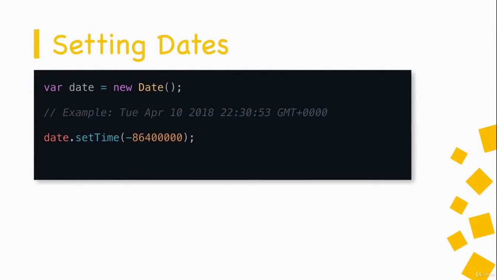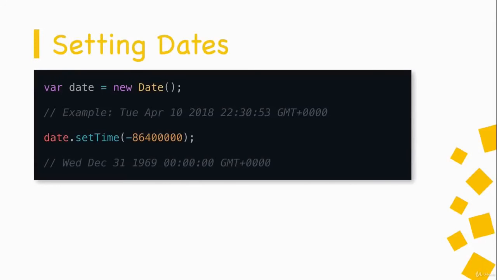So you can type in a positive number for a number of milliseconds after the Unix epoch. You can also type in 0 for the Unix epoch and a negative number for the number of milliseconds before the Unix epoch. So you can input negative numbers as the milliseconds as well. In this case, date.setTime minus 86.4 million gives us 1 day before the Unix epoch.